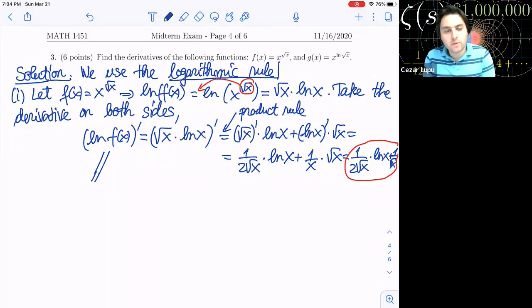And this will imply that f prime of x over f of x will be the quantity that you see there on the right-hand side. On which side do we use the chain rule? On the left-hand one, you say, Brian? Yes, exactly. We use the chain rule on the left-hand side. That's the chain rule that we're using here.